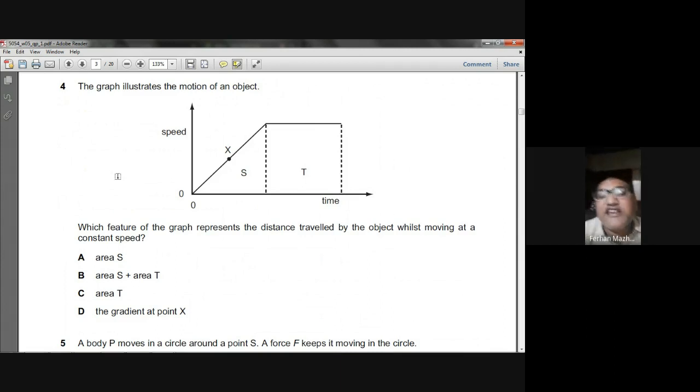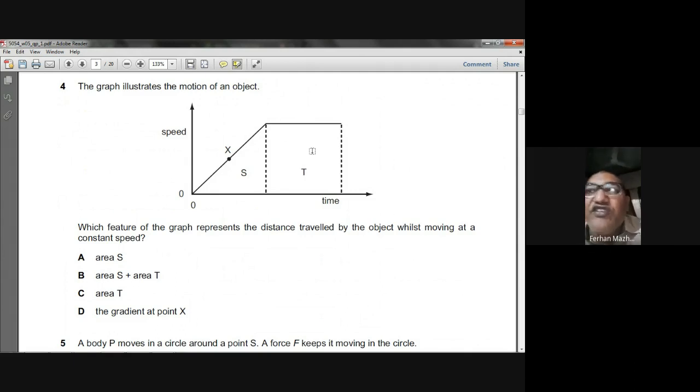The distance traveled is equal to the area under the speed-time graph, and they are asking about the distance traveled when the object was moving at a constant speed. This portion represents the constant speed, so the area under this is the distance he's talking about.